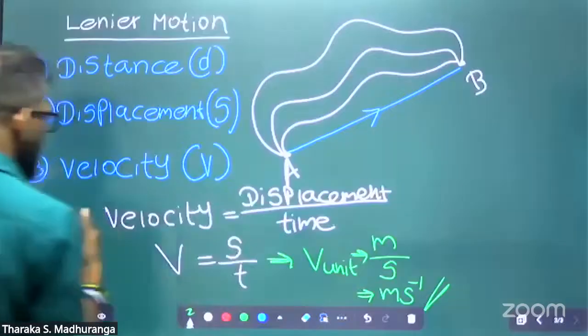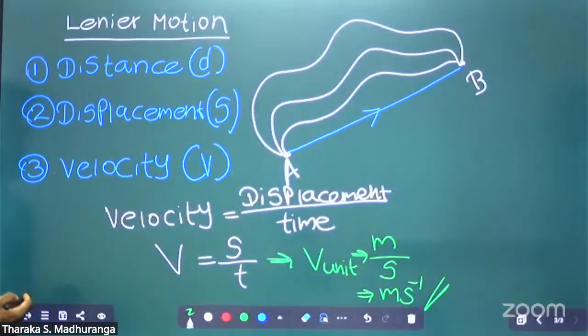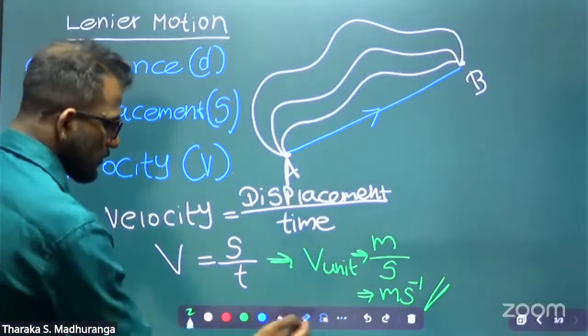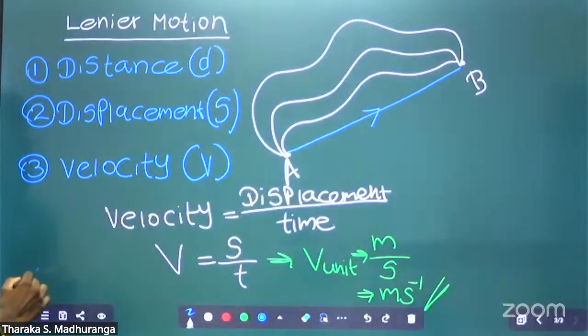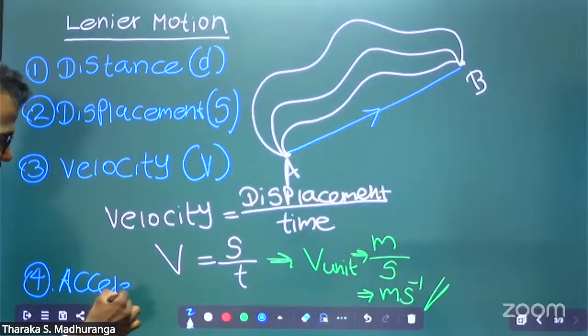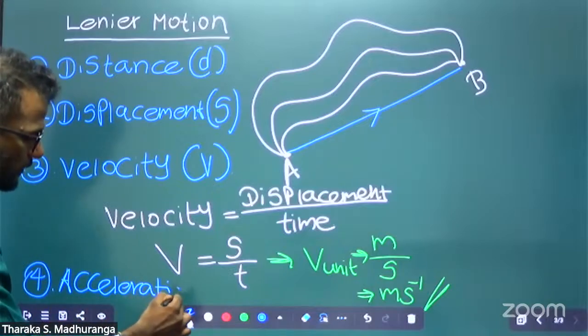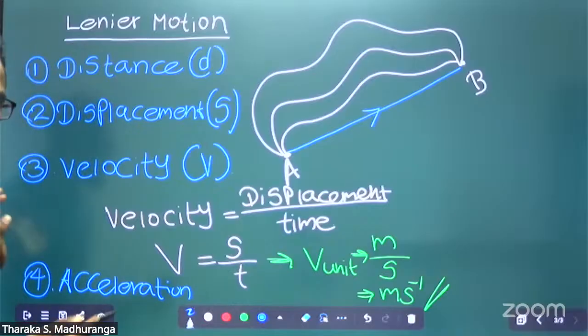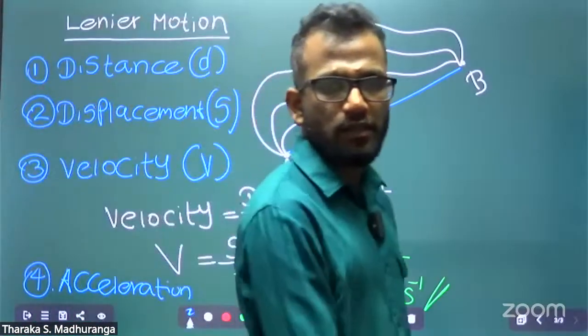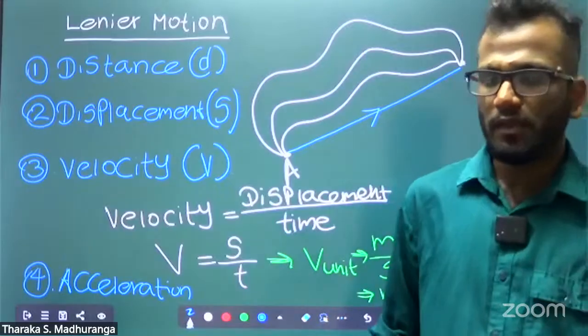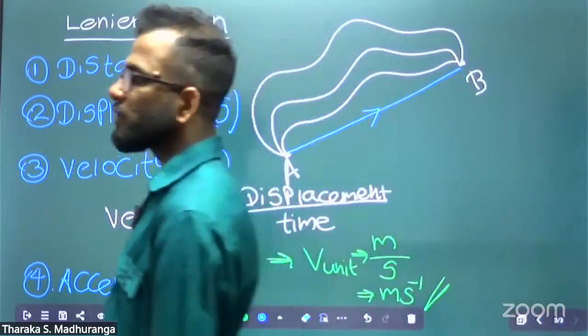Okay, the final physical quantity used in linear motion is acceleration. Acceleration and deceleration both. What's the meaning of acceleration?